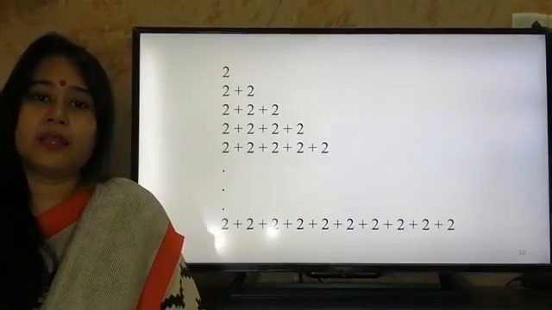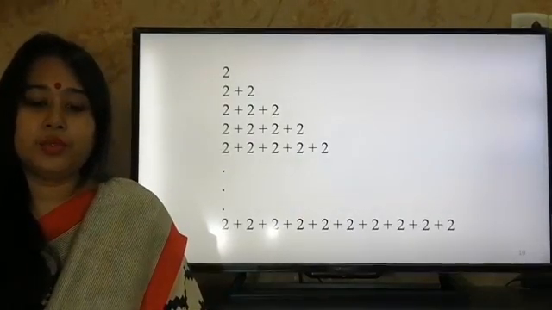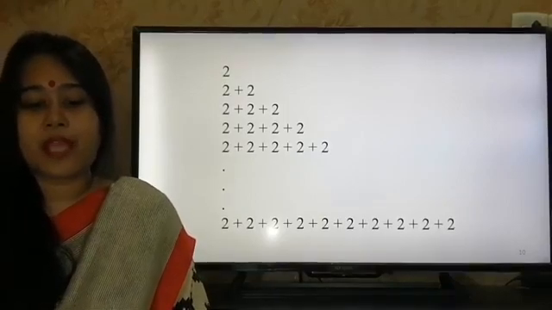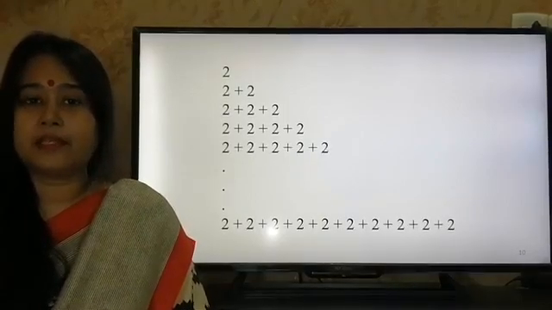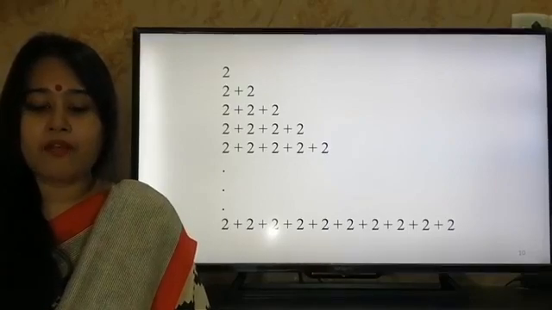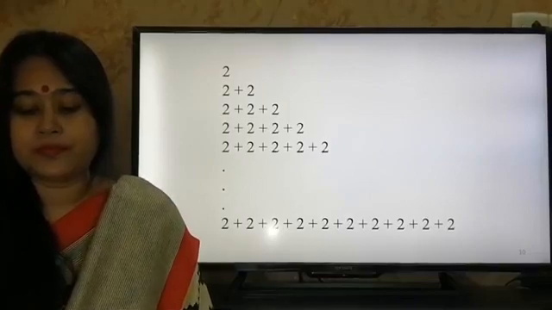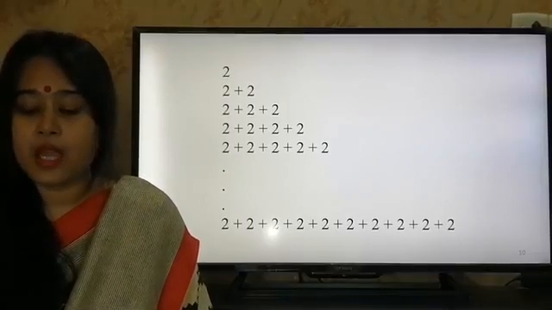Here you can see 2 plus 2, 2 plus 2 plus 2, and so on. And at the end of the line, we have added 10 twos.